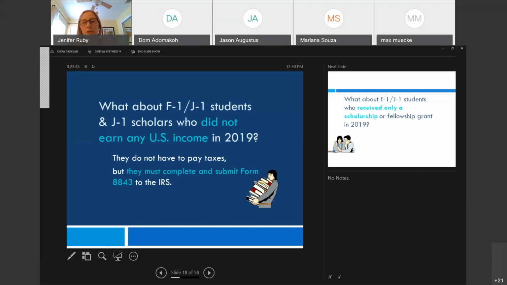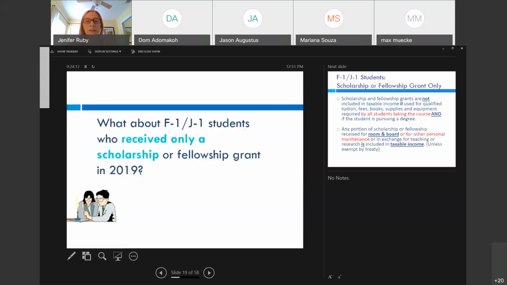So if you had no U.S. earned income, you're welcome to stay on the presentation, but we're going to transition into students who have earned income, whether that is through wages from employment or a taxable scholarship. So if your only obligation is Form 8843, you can certainly stay on, but probably it wouldn't be as relevant, right?